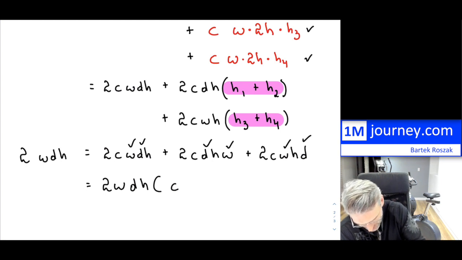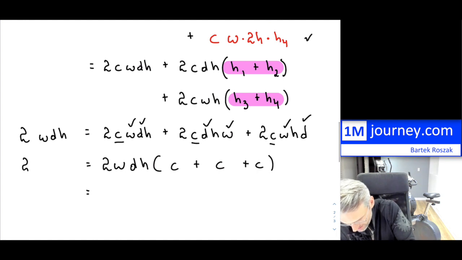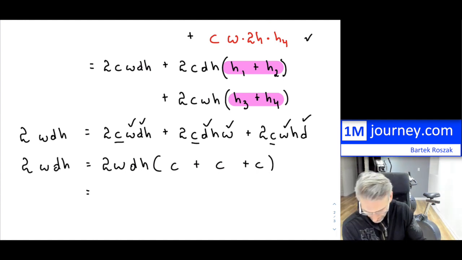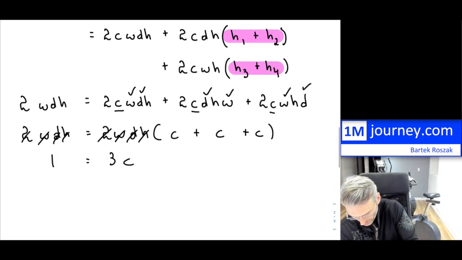So I have C plus C plus C, because that's the only thing that remains in there. Now, I hope that you can see from here that this 2 and the 2's will cancel. So W's cancel, D's cancel, H's cancel. So you have 1 is equal to 3C. Well, C is 1 over 3.